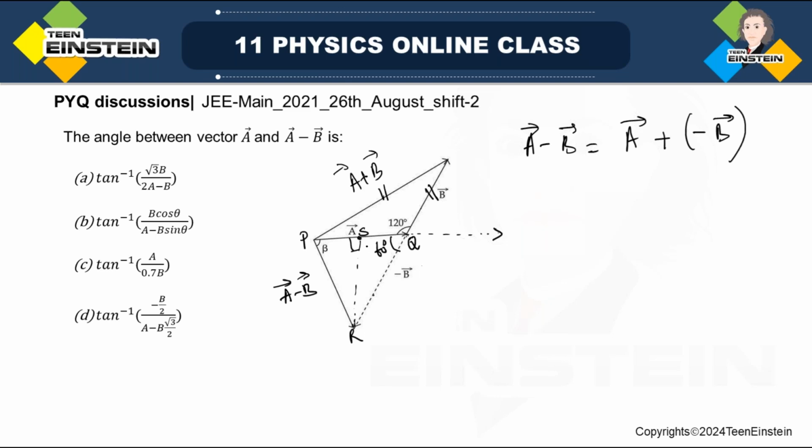Now I have to find out this angle beta. Let me write down tan beta. What is tan beta? From this figure, I'll take this triangle PRS. This is a right angle triangle, right? So I can write tan beta is equal to perpendicular by base.